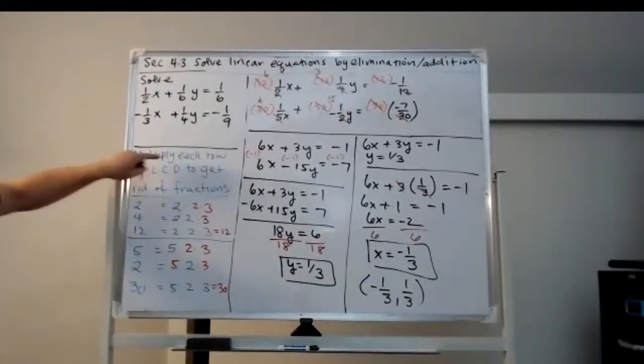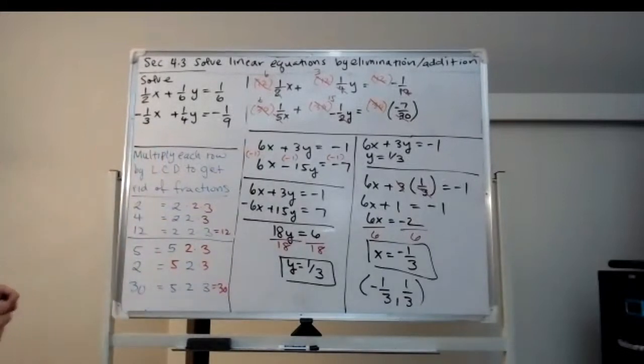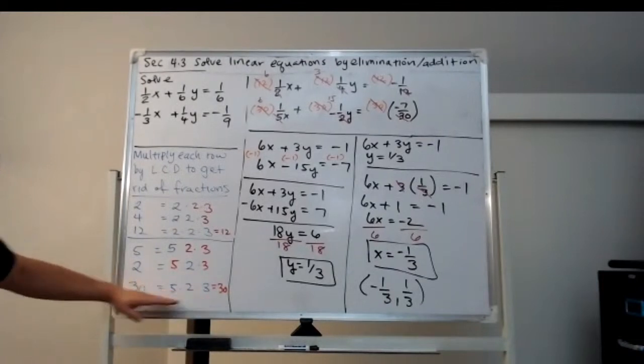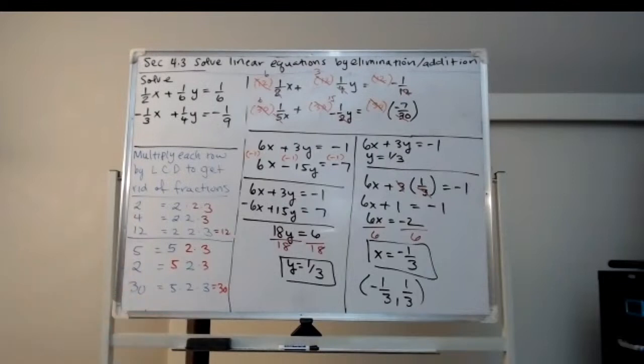So go ahead and multiply each row by the lowest common denominator to get rid of the fractions. And if you're not sure what the lowest common denominator is, play this game. Okay, so go ahead and multiply each row by the lowest common denominator.